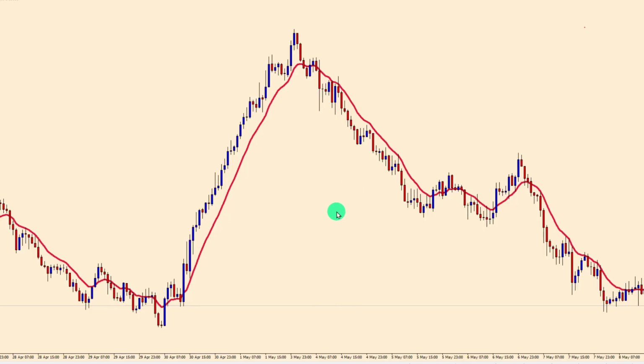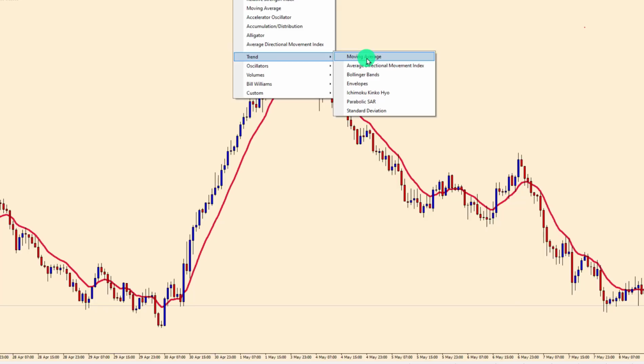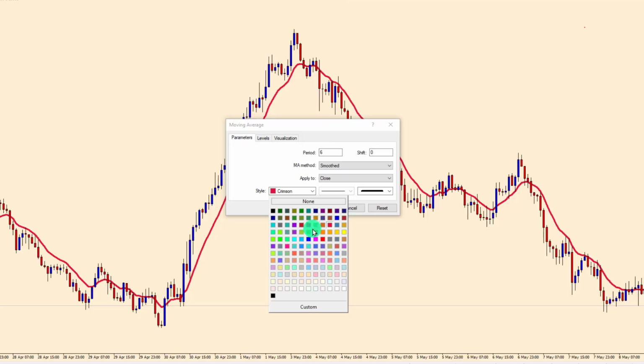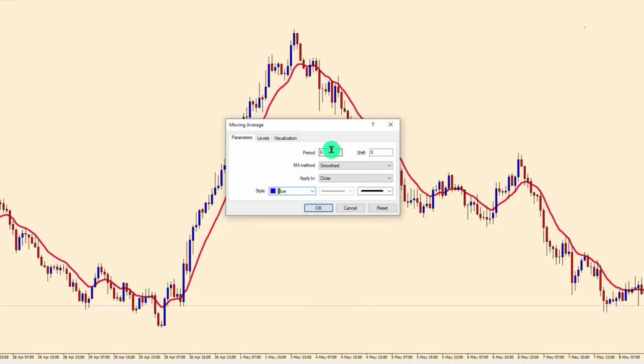Now, the next strategy is to use a filter MA. And I'll show you how the filter MA works. I'm going to put one on. Now, this MA I have here, by the way, is 6. So remember, the red MA is 6, and it is also the trend MA, the one that does the signals. Now, I'm just going to add here an MA, and we'll give it a different color, make it a nice blue.